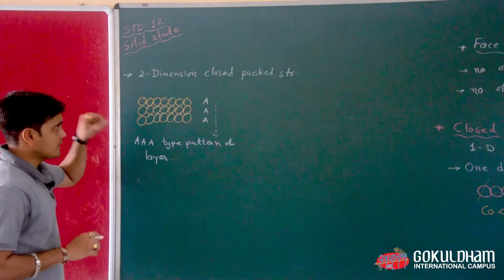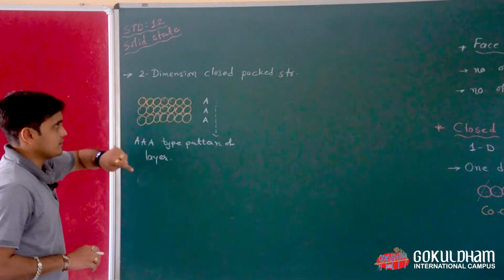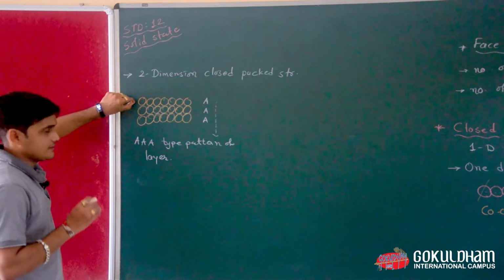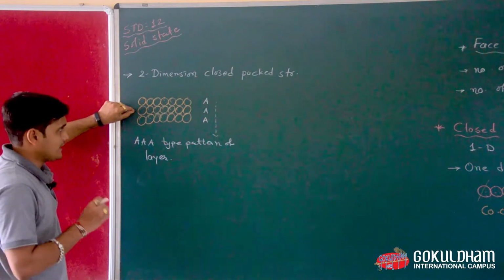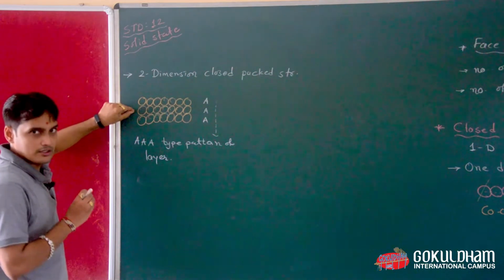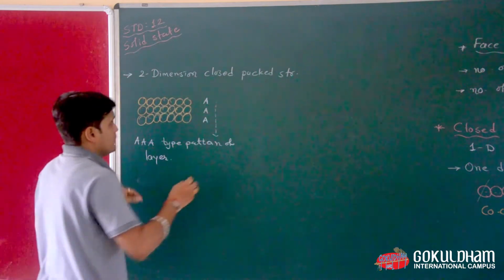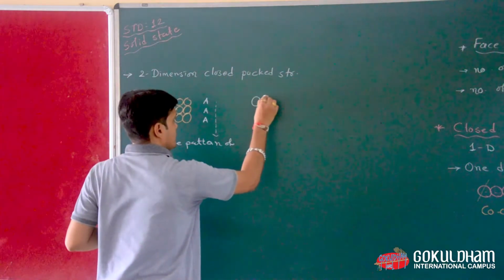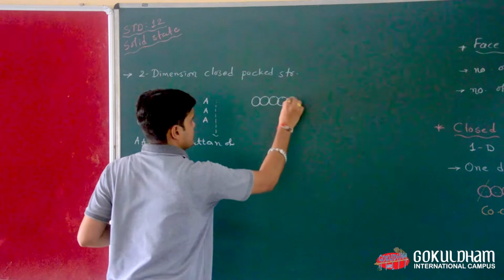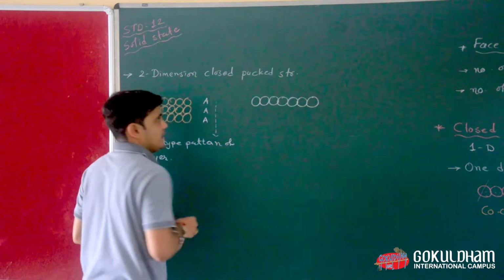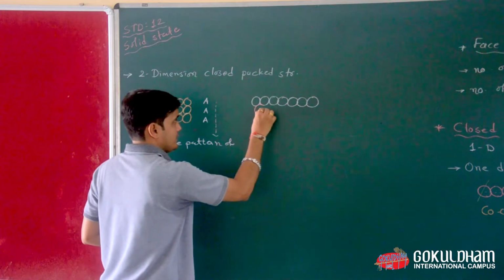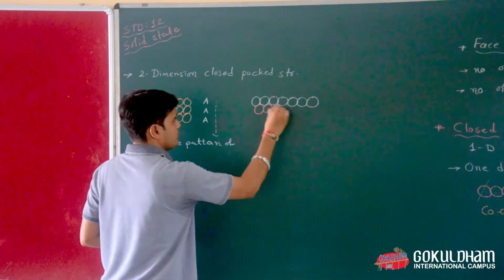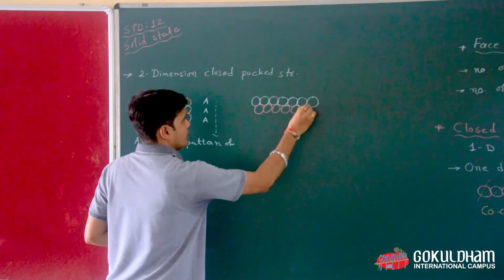In another case of two dimension, the first layer is the same as the AAA type, but the second layer is slightly displaced from its original position. So the first layer is the same as AAA type, but the second layer is in the depression positions of the first layer.